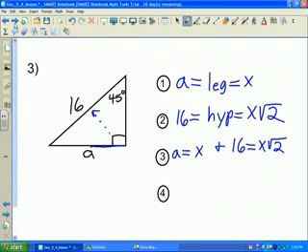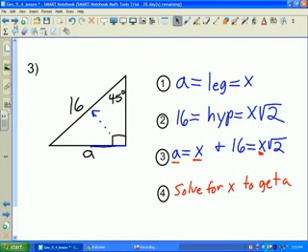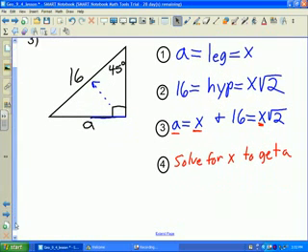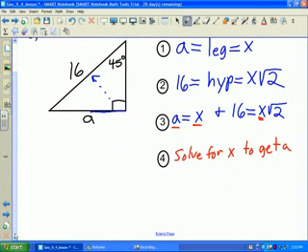Now, we want our A here, but it equals X. Our X is over here. We're going to have to solve for X to get our A. I'm going to scroll down a little bit so we have a little bit more room. Take this 16 equals X square root 2.